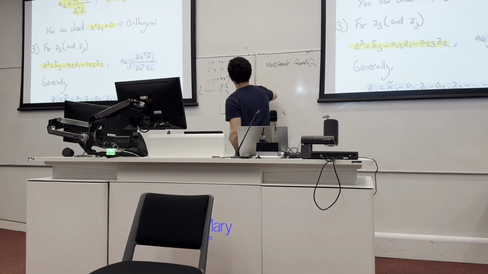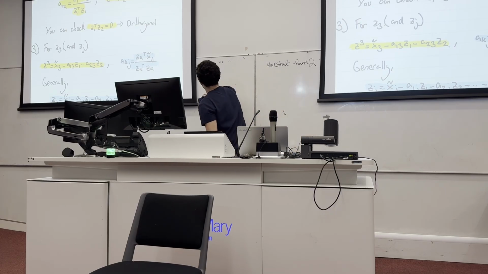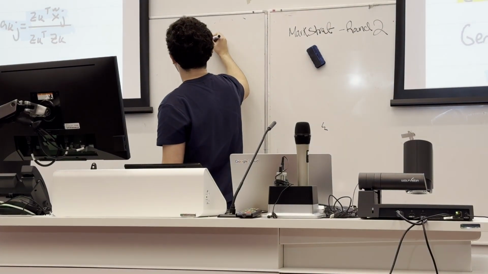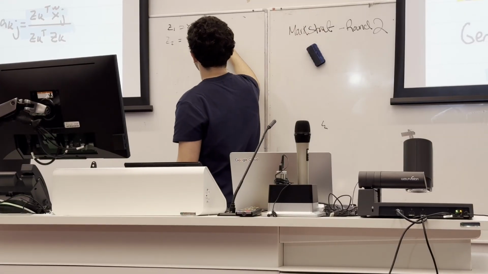So, roughly speaking, the way we compute the vectors is we start with z1, which is our first vector, right? And then z2 is going to be equal to x2 minus one constant times z1.